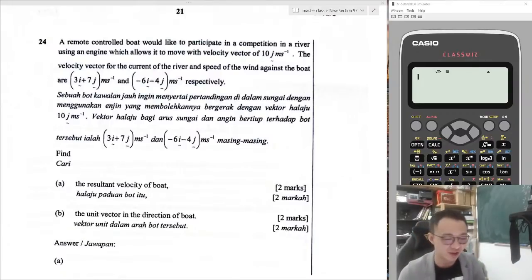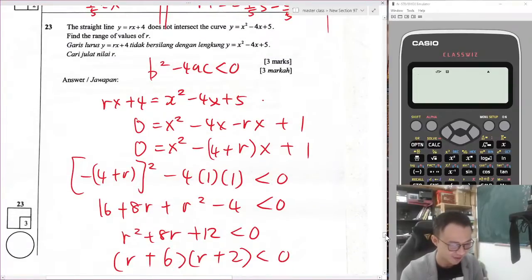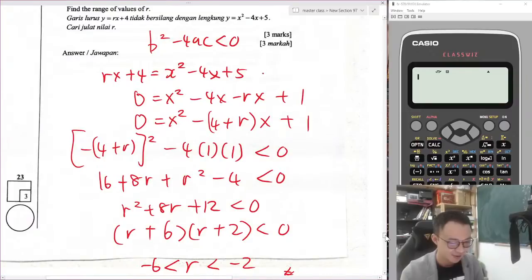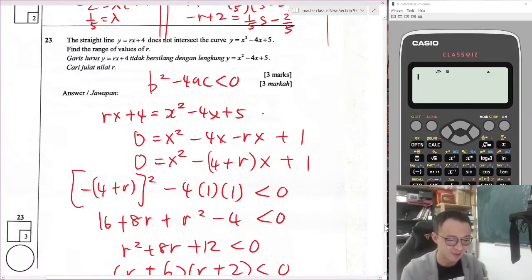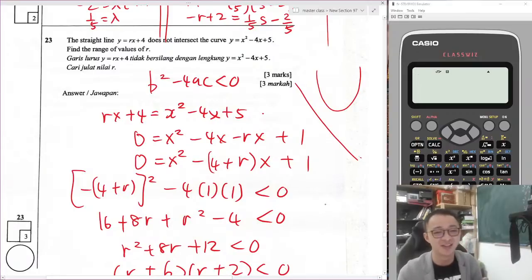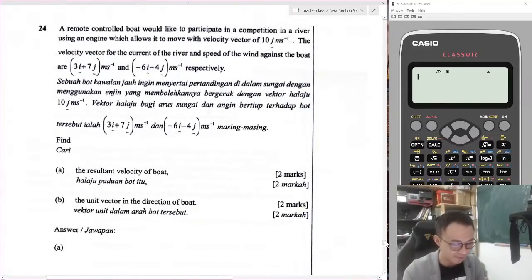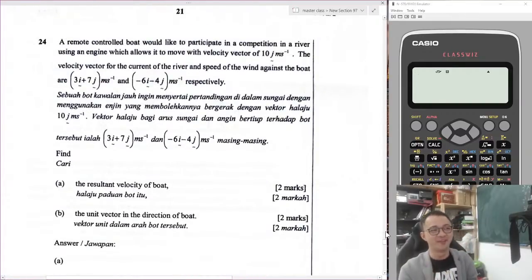So how to draw the graph for 23? 23 need to draw graph? Yeah, you can't draw any graph, but if you ask me, it's about a quadratic and a straight line. They don't intersect each other, that's all. Okay, this one is a bit different.